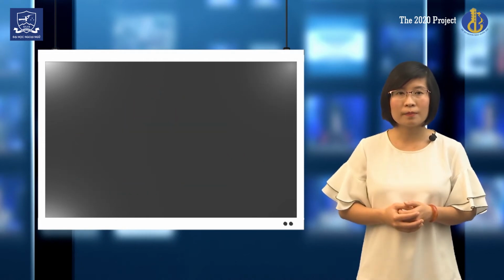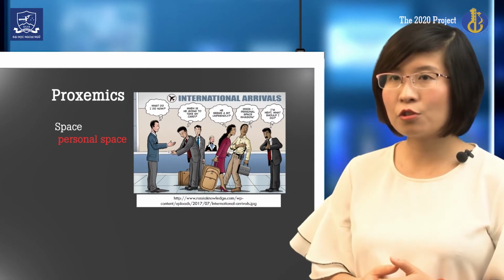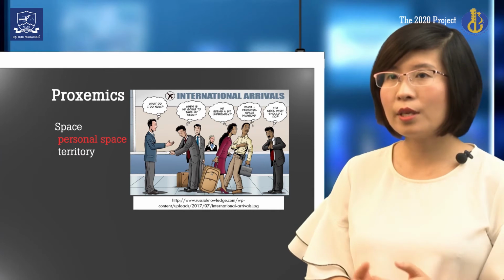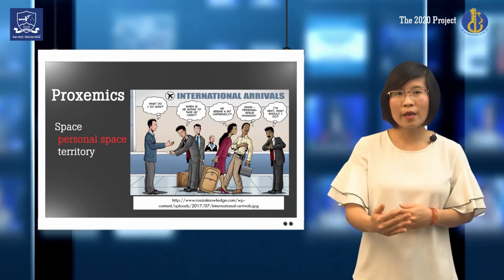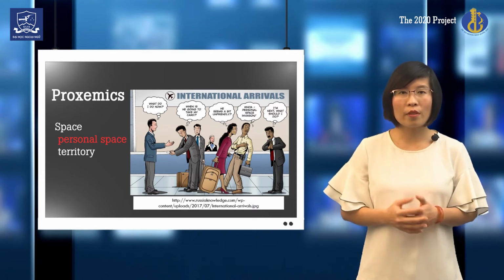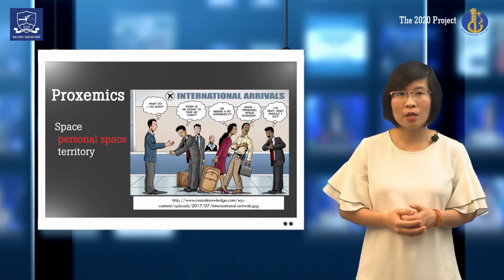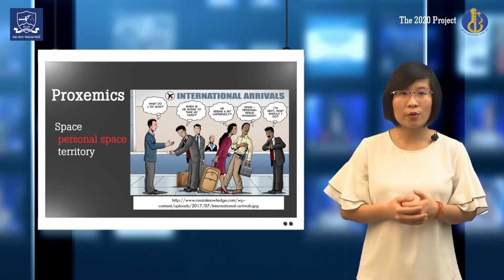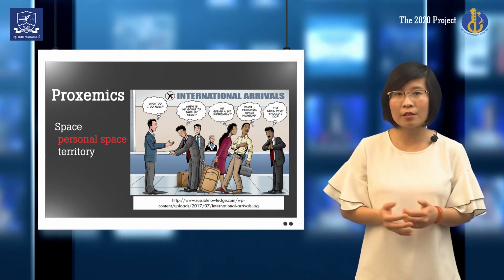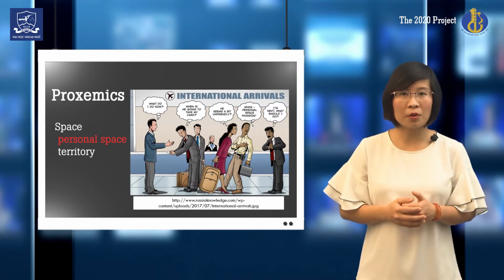should be avoided. Proxemics refers to the use of space, including personal space and territory. Personal space refers to the distance within which people feel comfortable when interacting with others. Cultural norms and the relationships between the communicators determine the use of personal space in communication.